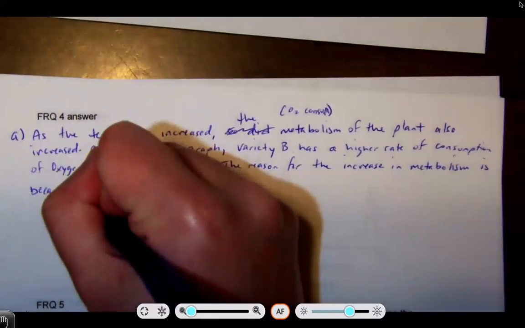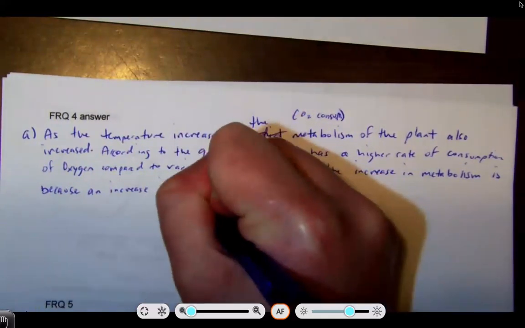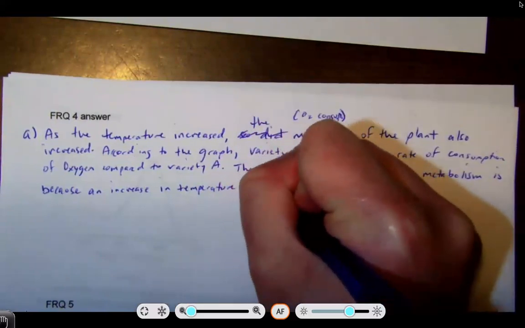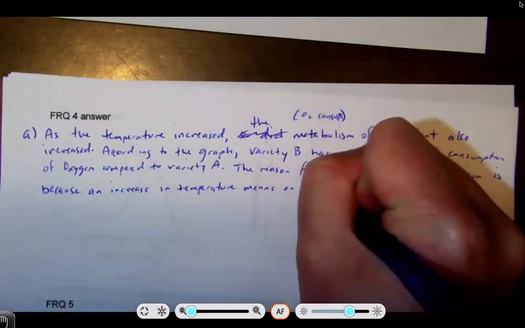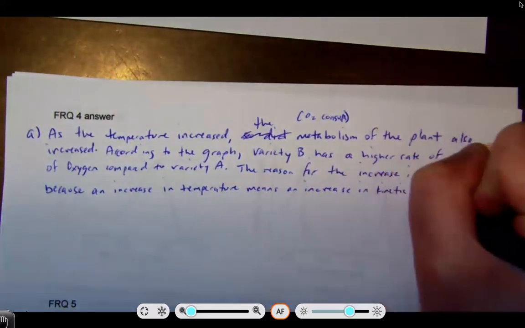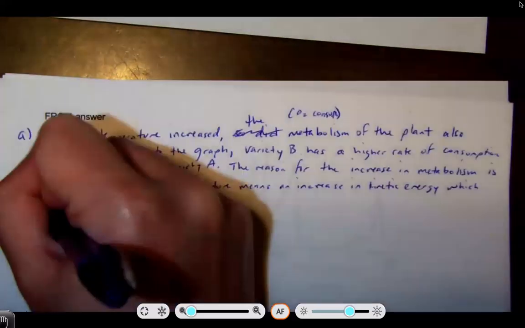increase in temperature means an increase in kinetic energy, which speeds up reactions.